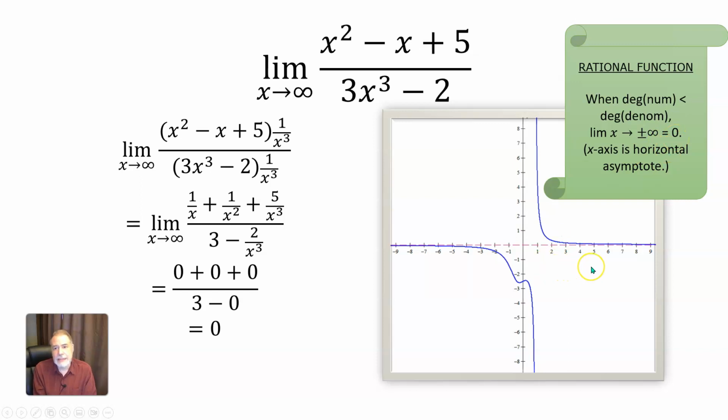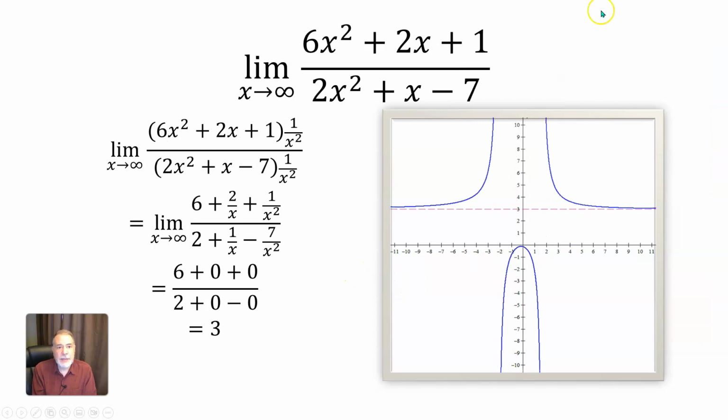And the x-axis is a horizontal asymptote for the graph of that function. And we saw another example of that early on in the video when we were looking at the function 0.2t over t squared plus 1. There we had a numerator with a degree of 1 over a denominator with a degree of 2. So the degree of the numerator was smaller than the degree of the denominator, and the limit as t approaches infinity turned out to be 0.